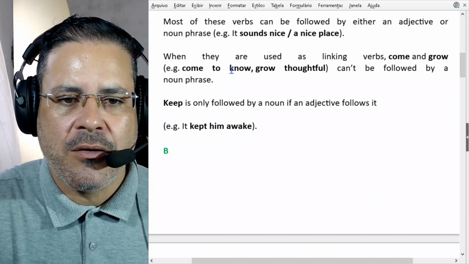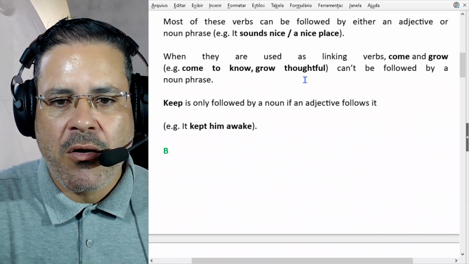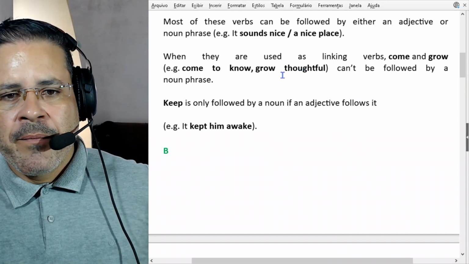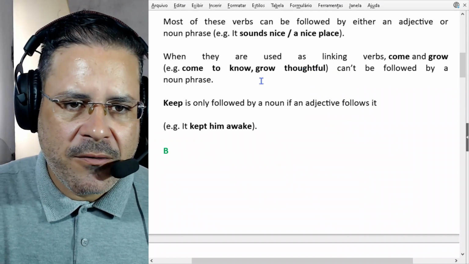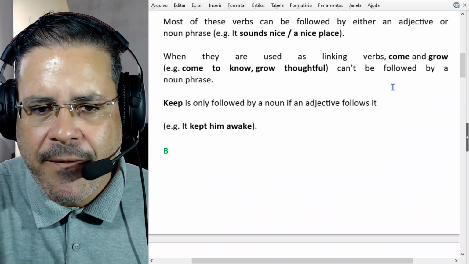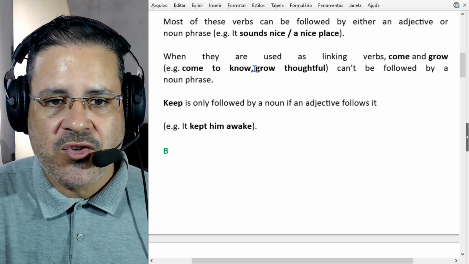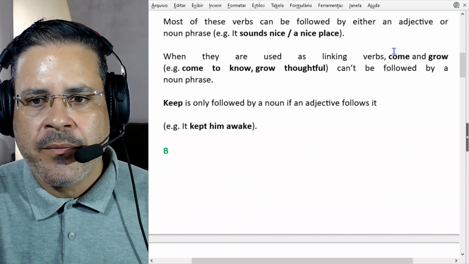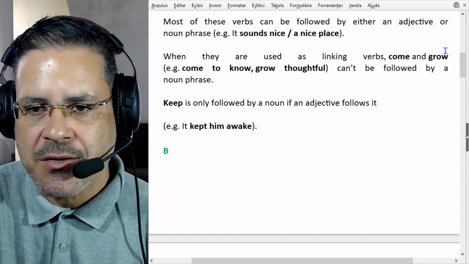Come to know, for example, or grow thoughtful. They can be followed by a verb or an adjective, but they can't be followed by a noun phrase. Those verbs in particular. So this is an exception, right? Come and grow. Pay special attention to those verbs.